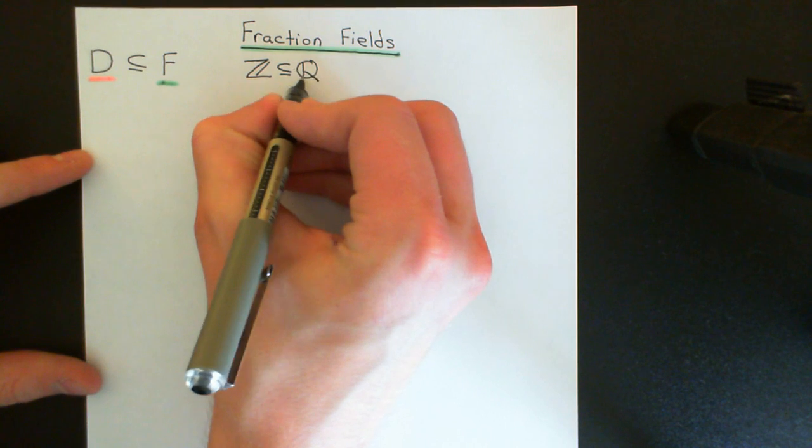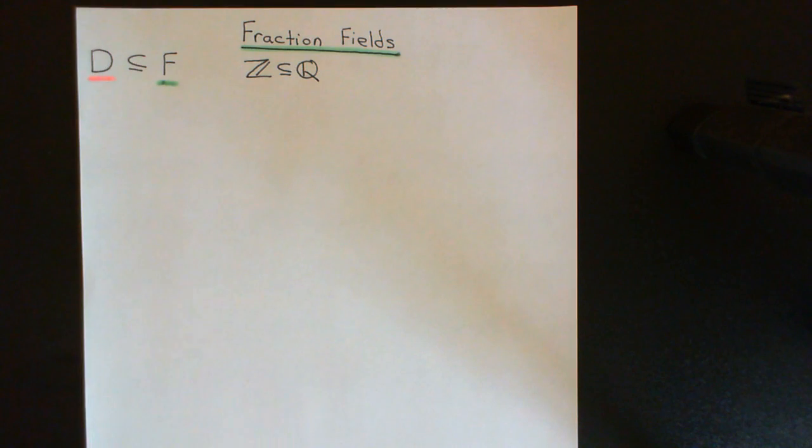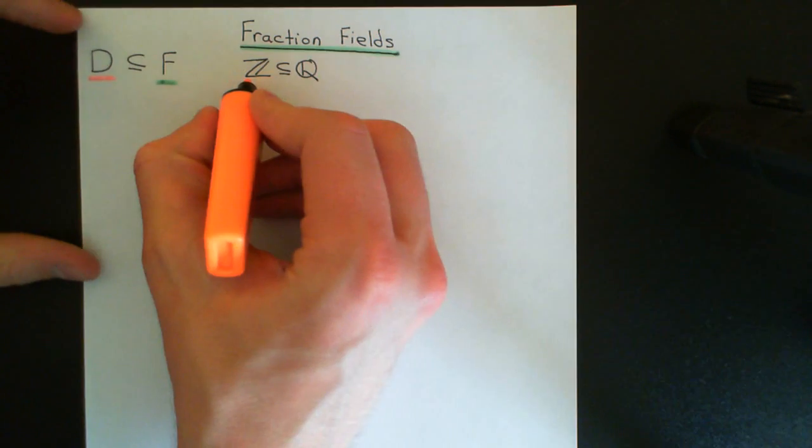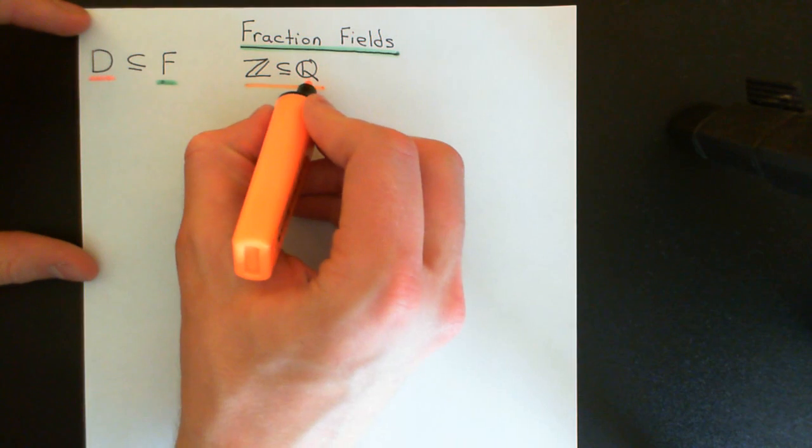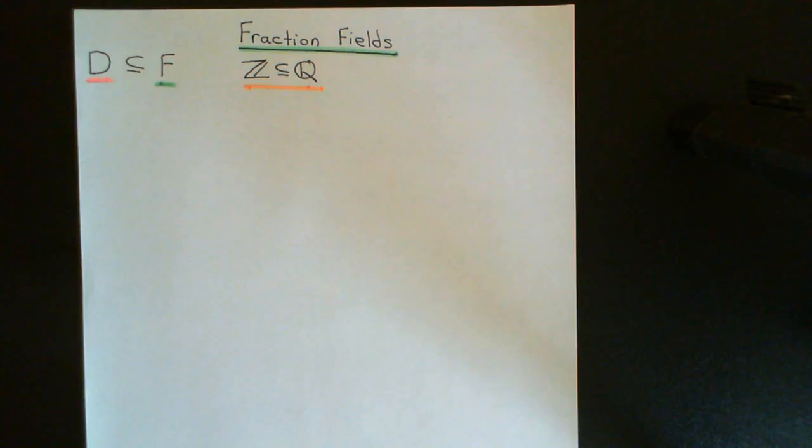All of the whole numbers are within the rationals, but the rationals is much bigger. So this is in fact a proper subset. The rationals contains things like a half, a third. So you have multiplicative inverses for all of the elements in the integers that you didn't previously have multiplicative inverses for. So you construct a larger algebraic structure which is a field, and this is called the fraction field. So the rationals is the fraction field for the integral domain of the integers.